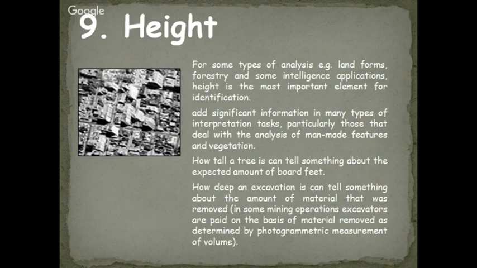The last important factor is height. Height can act as an aid to image interpretation. It can also hamper our capability of identifying objects, because a surface with a particular height also casts a shadow.